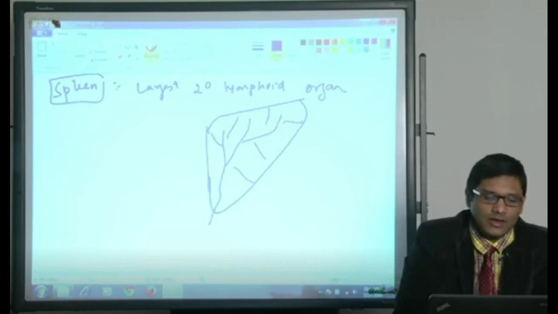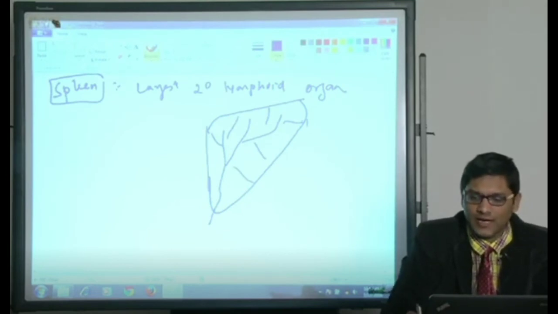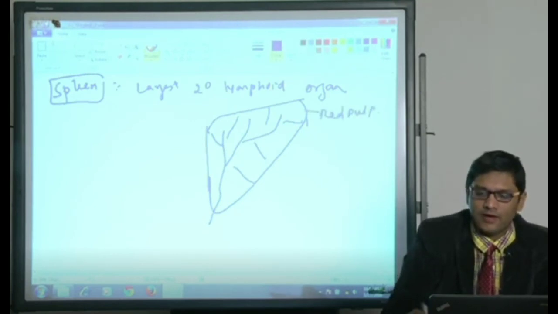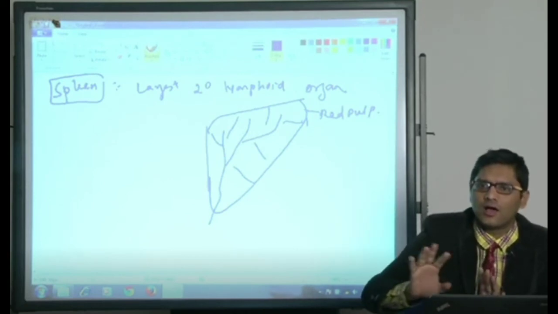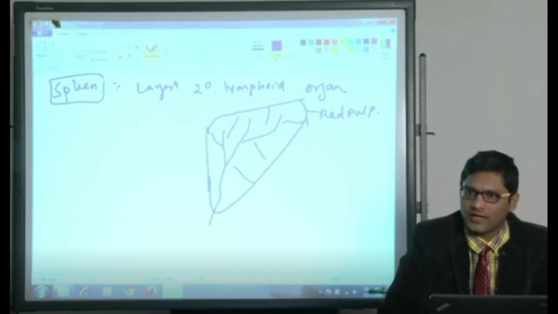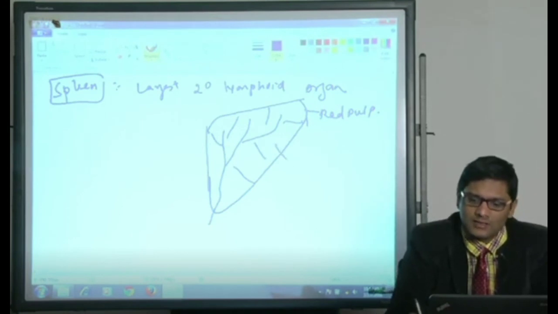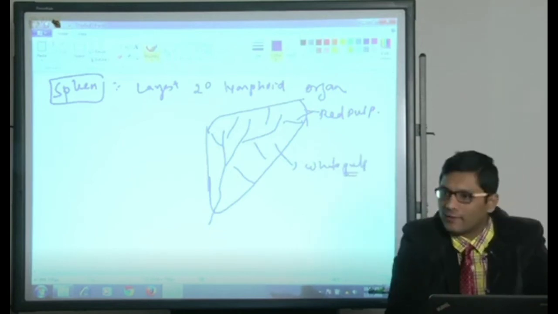Here, how do you know that spleen has a white pulp and a red pulp? Red pulp is the area where the sinusoids will be filled up. The blood will be filled up in the sinusoids. The remaining area is called white pulp.